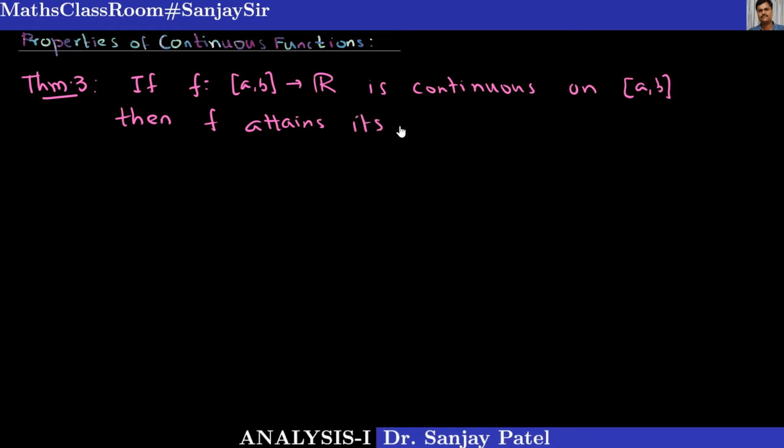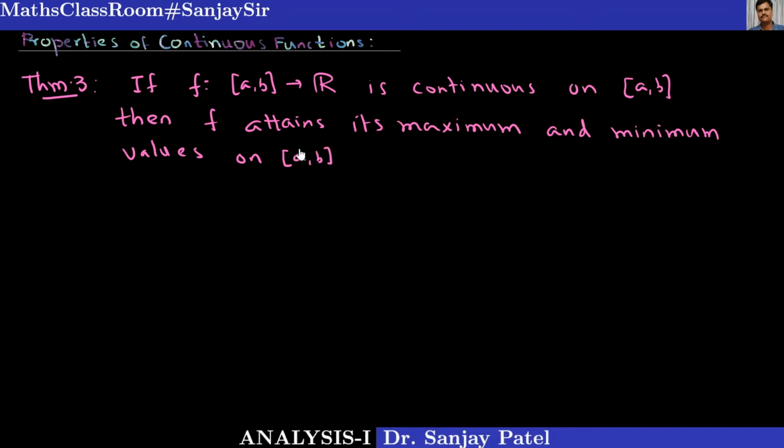F assumes or attains its maximum value and minimum value on this domain, that is closed interval [a, b].